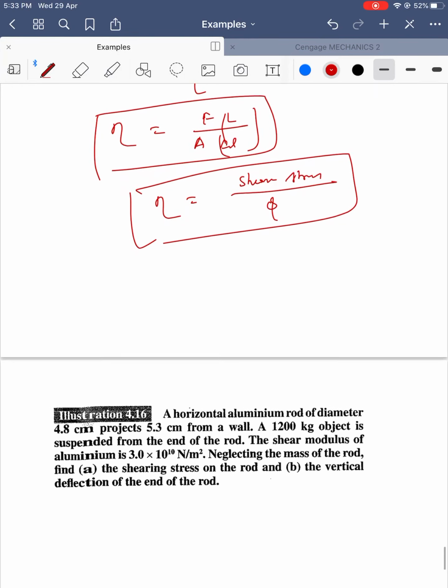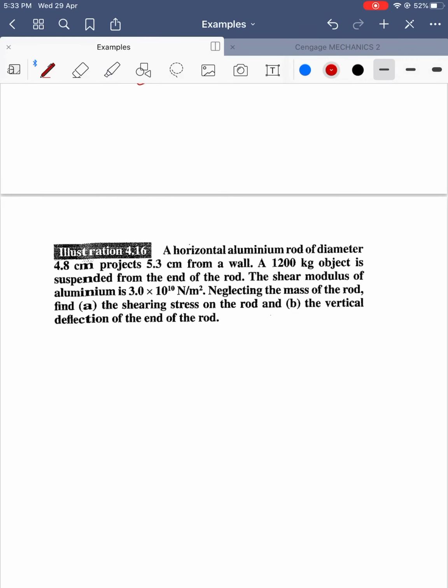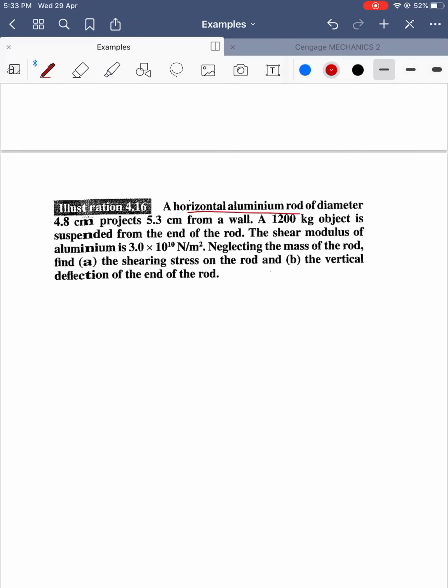Now let's see a few of the questions. These applications are easy. Let's see one of the models. A horizontal aluminum rod of diameter 4.8 centimeter projects 5.3 centimeters from the wall. Let's write it a little nicely. Say this is the rod.